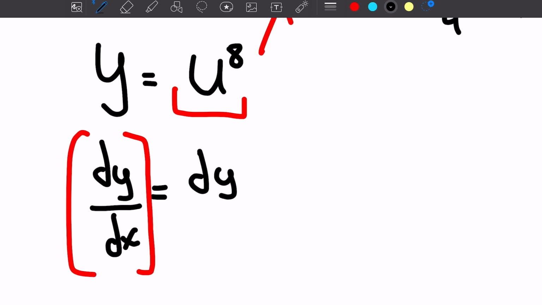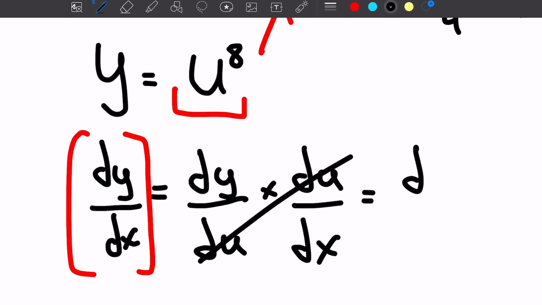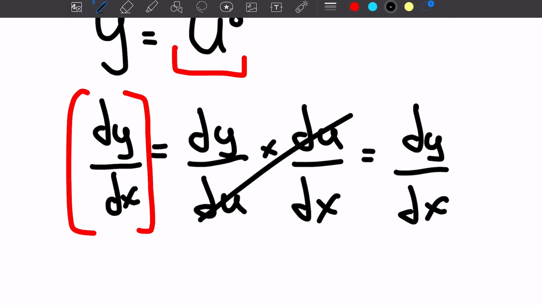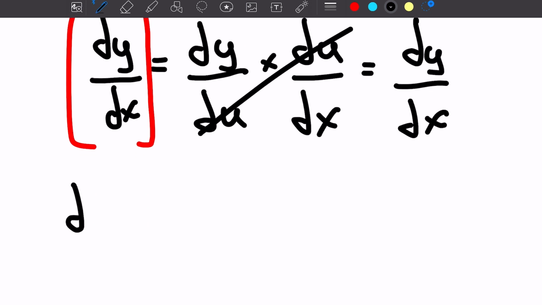So we'd have dy by du, and we'll multiply it by du by dx. So the du's cancel out, and they will still give us dy by dx, right? Because that's the same thing as saying dy over 1 times 1 over dx, and it's dy by dx. So that's how that works.